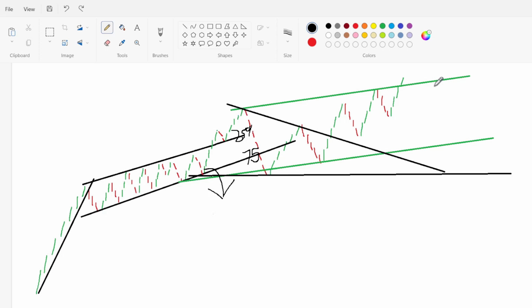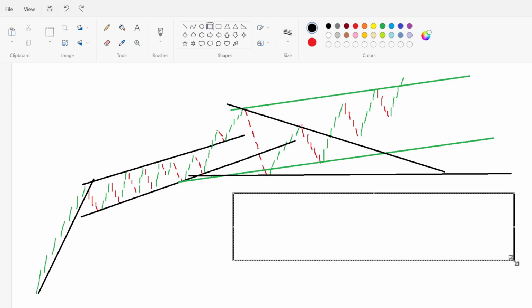All right? So this can transition into a trading range, which would just take this price action here and slope it into a box. Okay, so instead of going up and getting into an ascending channel, you just go sideways.